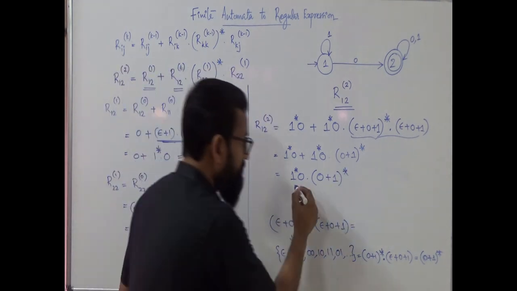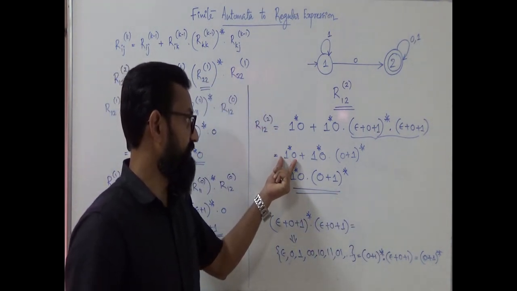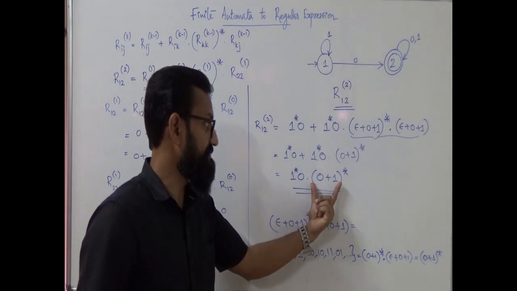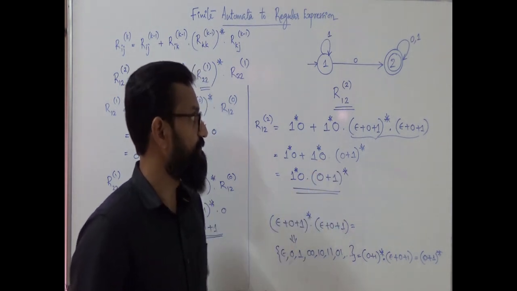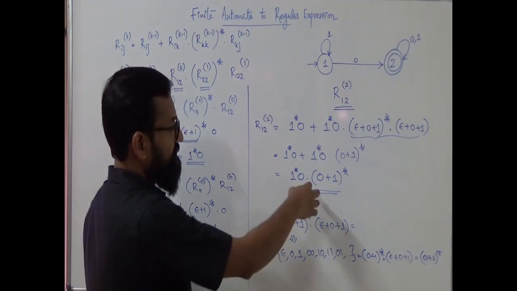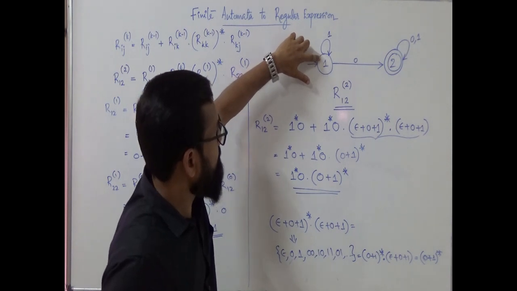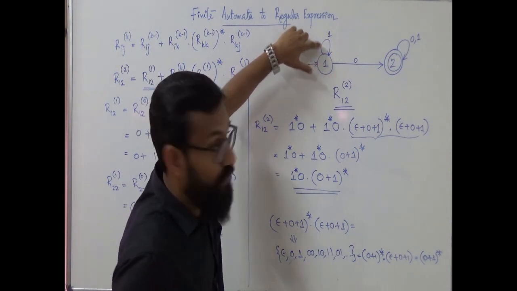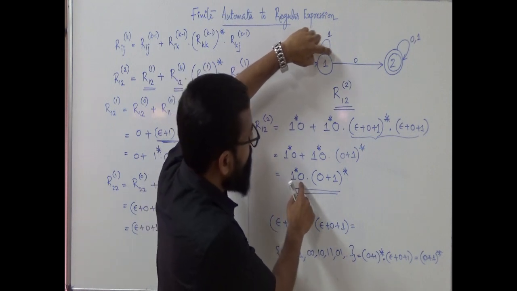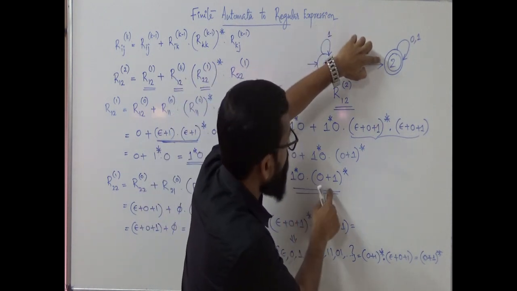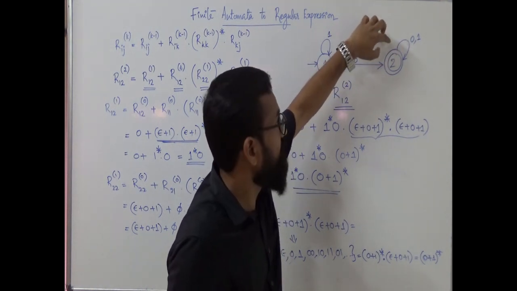If you consider this particular regular expression, it can generate the subexpression 1 Kleene closure 0 by considering this as epsilon, and again it can generate this subexpression. Now verify whether this is correct or not. From the start state, it can consume 0 or more ones, followed by a 0, followed by any combination of zeros and ones including the null string.